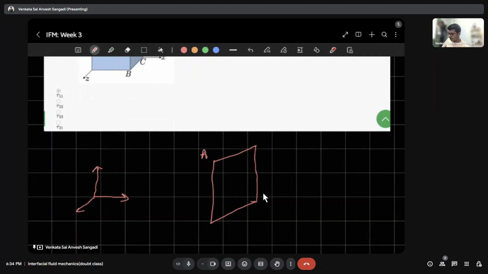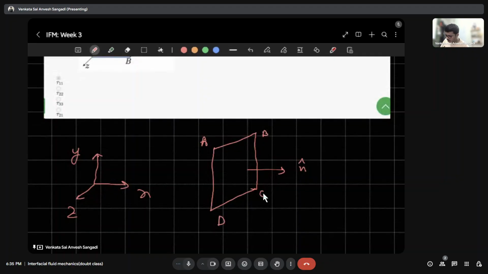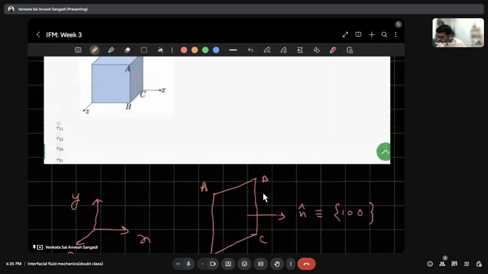We have A, B, C, D, and this will be the n hat, and the n hat vector is just 1, 0, 0.